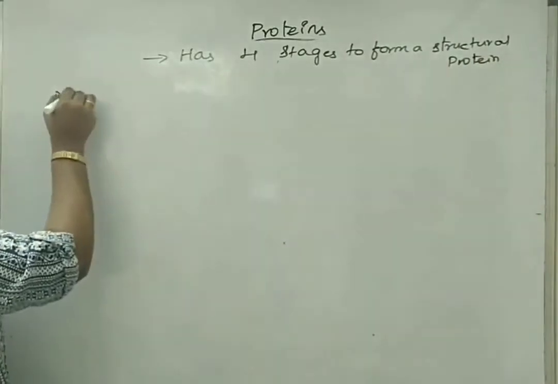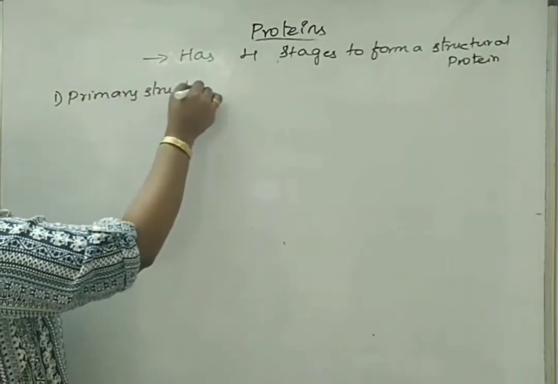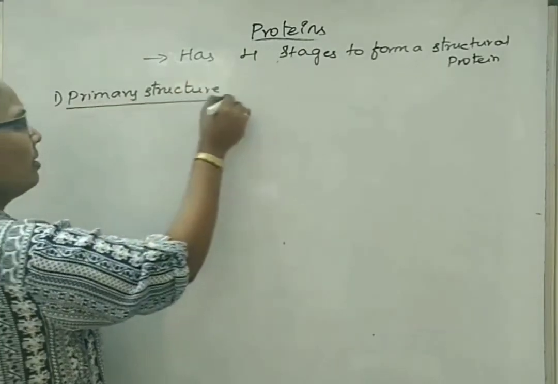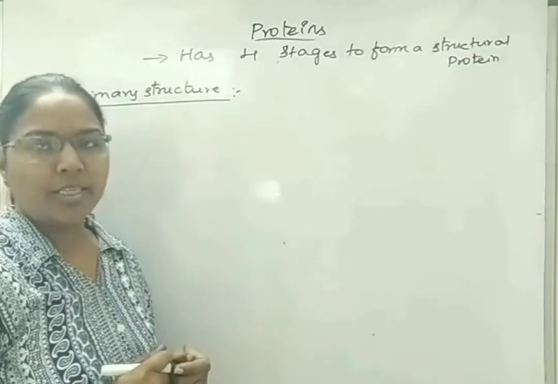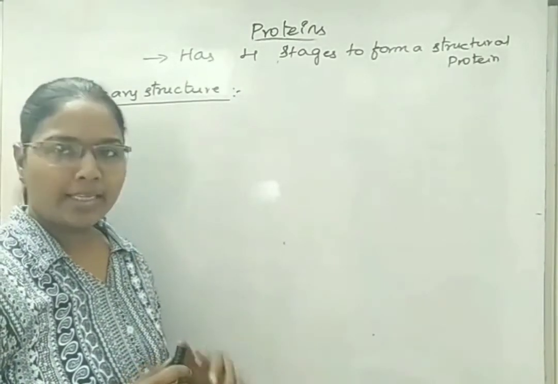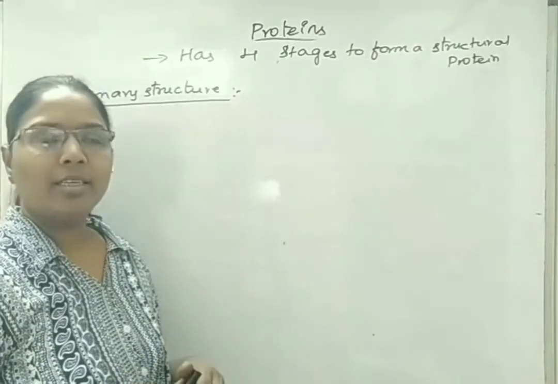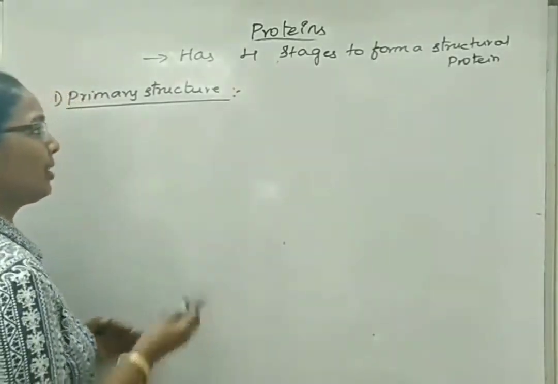First one is primary structure. Mostly the primary structure of the protein is considered non-functional and the shape is termed linear, because it is not mechanically fit; there are no turns to give mechanical support to the protein.